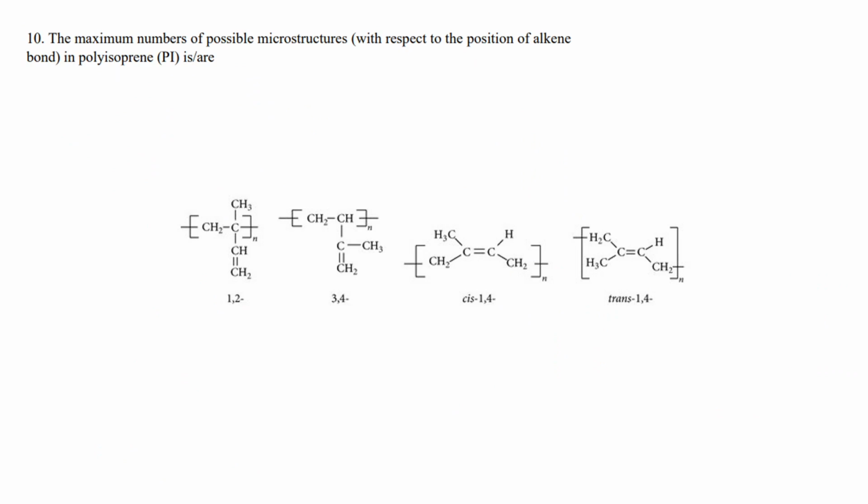Now coming to this one, the maximum number of possible microstructures with respect to the position of the alkene in polyisoprene. If you use this particular polymer, these are the available options, with different positions.